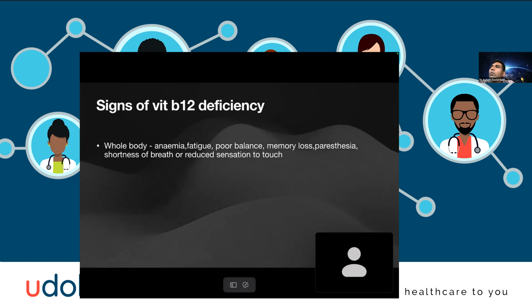Then we will reveal whether or not they have any deficiencies, and we can assist them in whichever manner we deem necessary: parenteral, intranasal, or even oral supplementation. So that brings us to the end of our discussion, and I will open the floor to any questions.